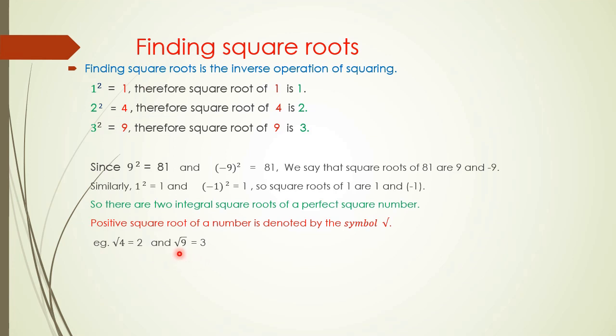For the square root of 9, we simply say square root of 9; we do not always say positive square root of 9. We simply say the square root of 9 is equal to 3. Here we should not write minus 3. Okay children, and now in this lesson you learn only about the positive square root of perfect squares. Okay children.